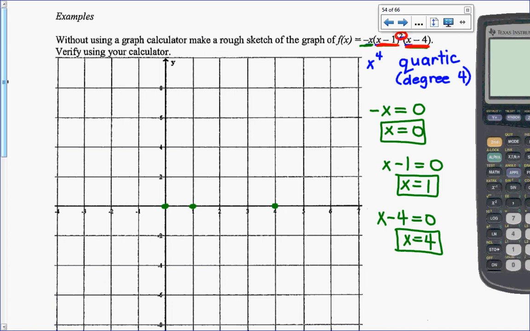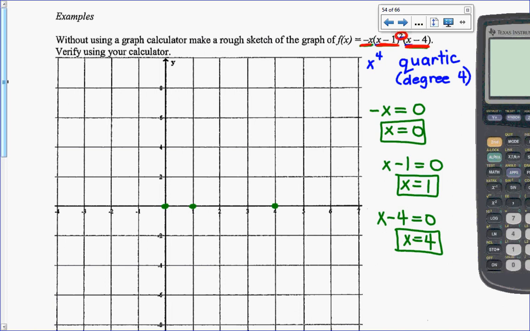That's where the line is going to touch the x-axis at 1, but then it's going to bounce away. I also can see that at 0, it's only using that factor one time, and so the line is going to go directly through the x-axis at 0.